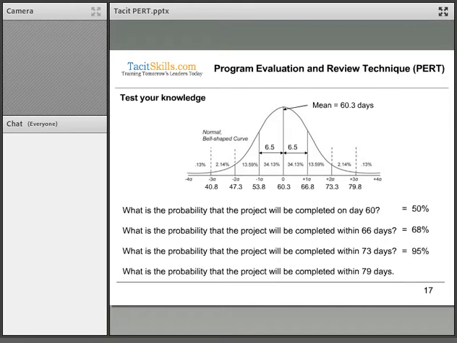Going further, if we say 73 days, that is 2 sigma, so that falls within the 95% chance of completing it. And lastly, if we look at the probability of doing it within 79 days, we've got a 99.7% probability to complete it.